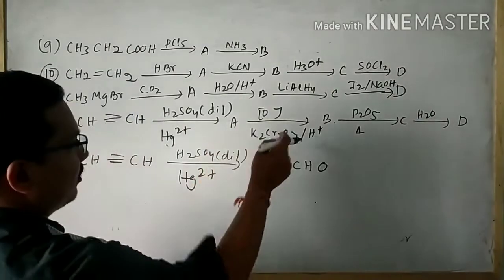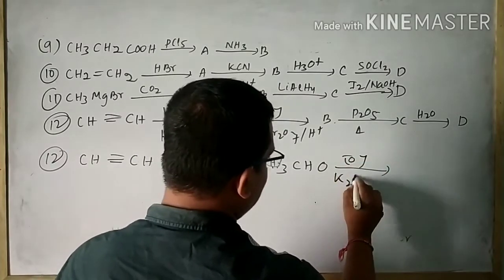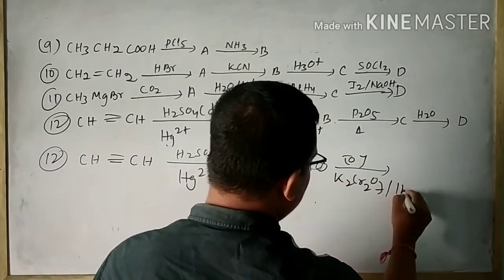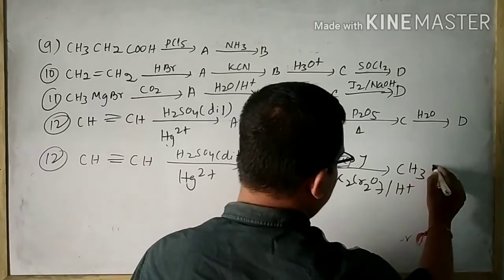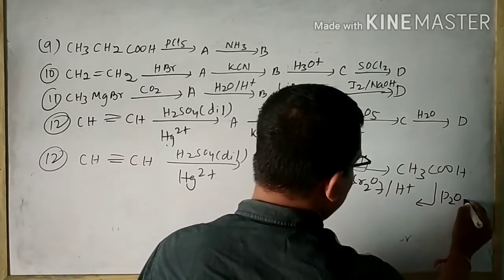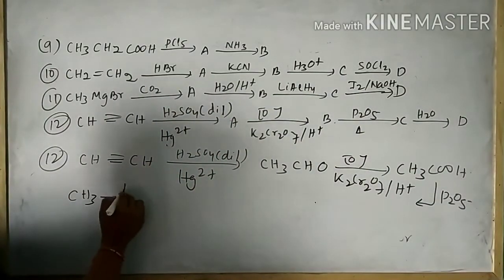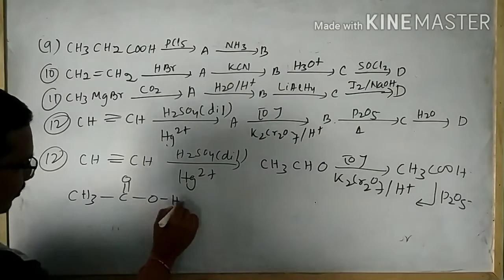Then it is subjected to oxidation, K2Cr2O7 and H plus. That means acetic acid is formed. When acetic acid is subjected to reaction with P2O5, the structure of acetic acid is like this.